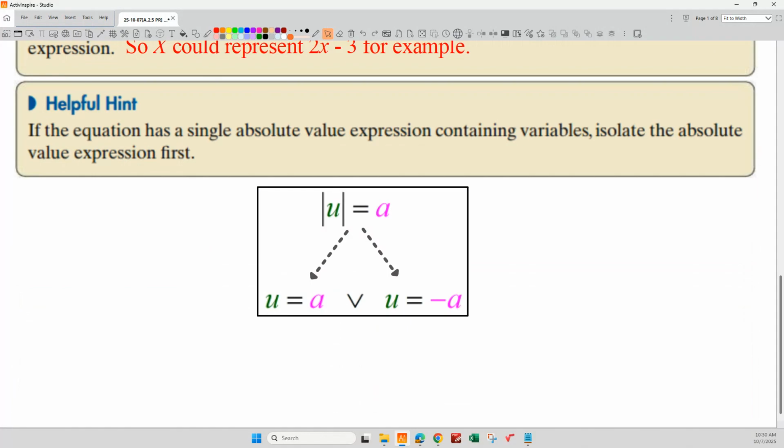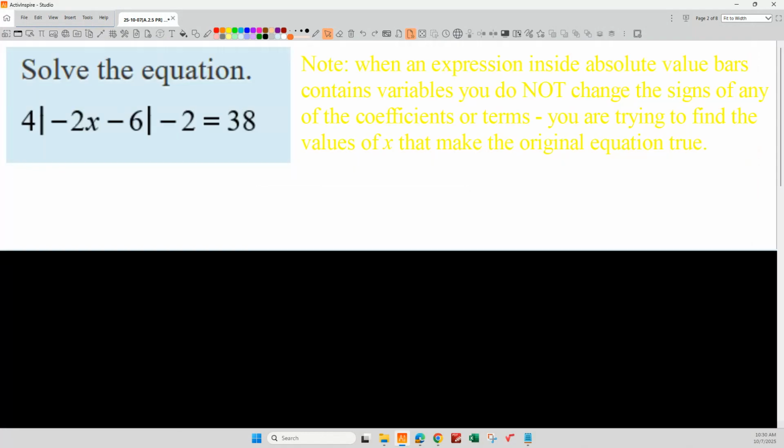So we call that an isolated absolute value. Whatever's inside the isolated absolute value either equals the positive number outside or it equals the negative, the opposite of that number outside. So I get two different equations and I just go solve them individually, but they're going to be simple. Okay?